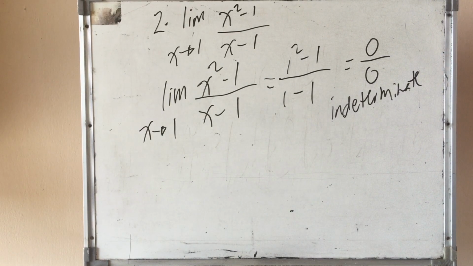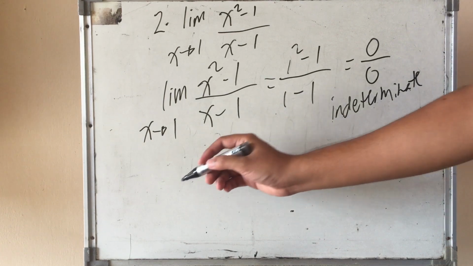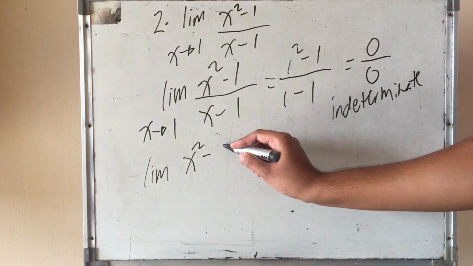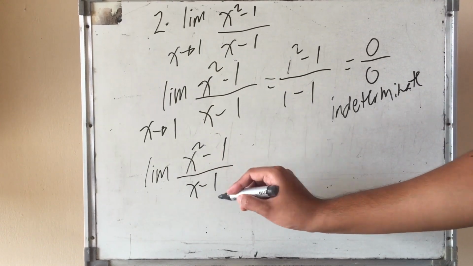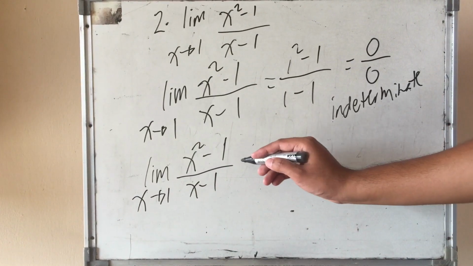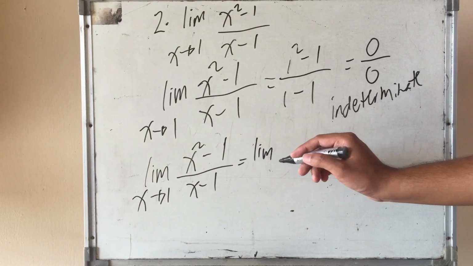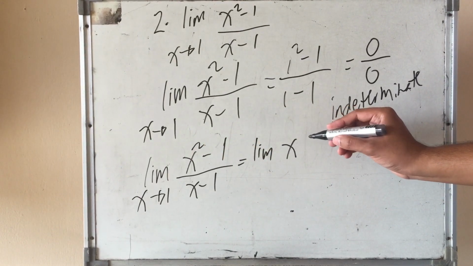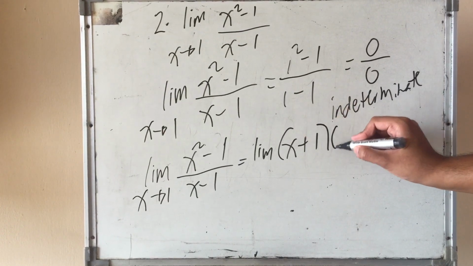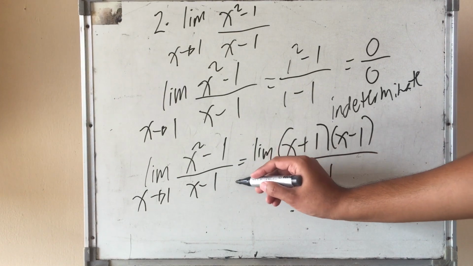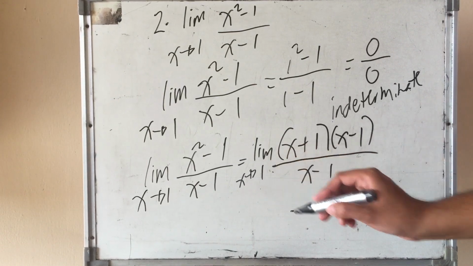So we can simplify the expression by factoring the numerator. Hence the limit of x squared minus 1 over x minus 1 as x approaches 1 is equal to the limit of x plus 1 times x minus 1 divided by x minus 1 as x approaches 1.